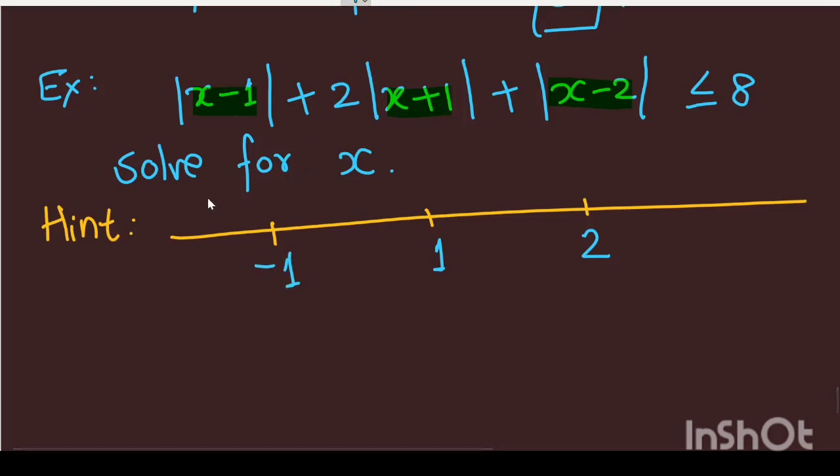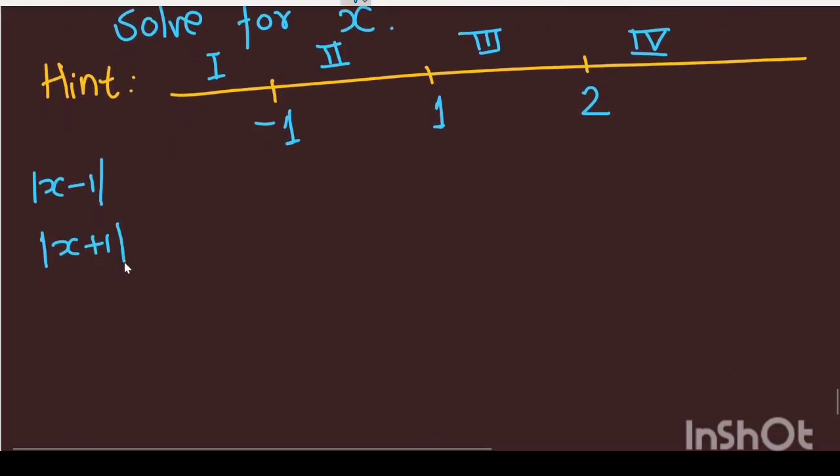So it will create how many intervals? 1, 2, 3 and 4 intervals, guys. Okay. So each of these moduluses, x minus 1, x plus 1, guys, and x minus 2, guys.